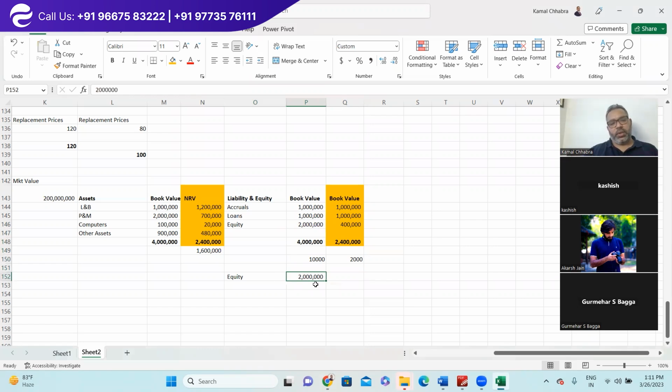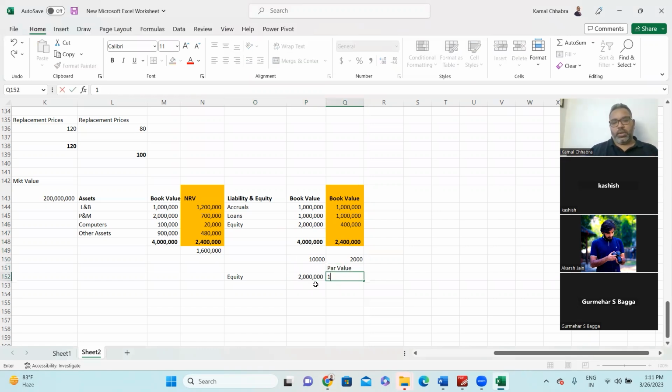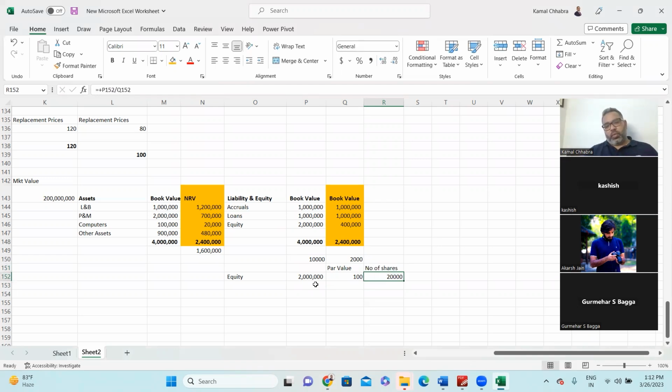Let's assume par value is 100 each. So it may be possible that the shareholder will have this divided by this number of shares. First, they have 20,000 equity shares of 100 each.